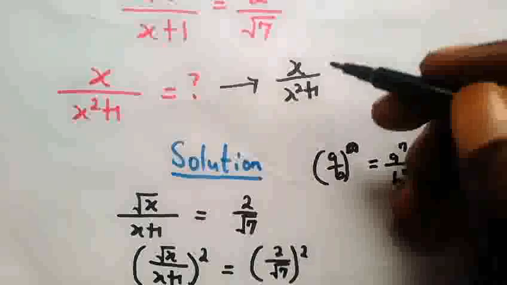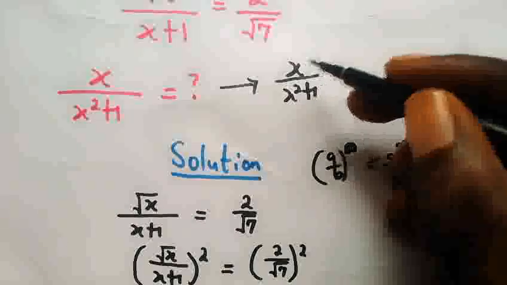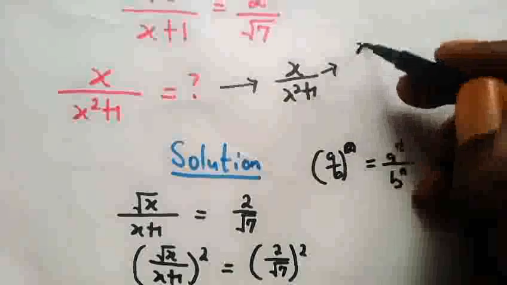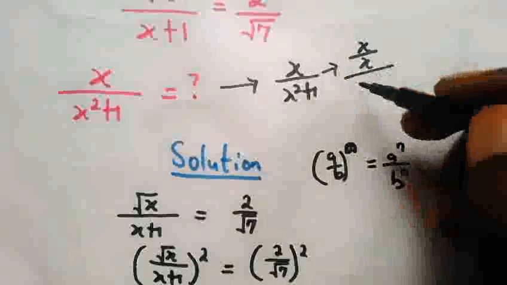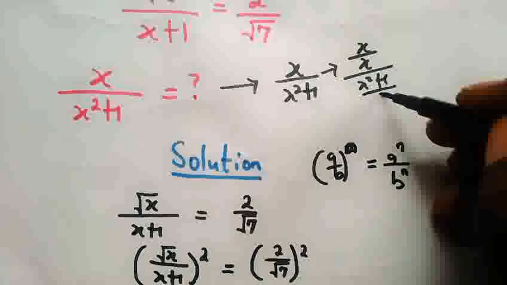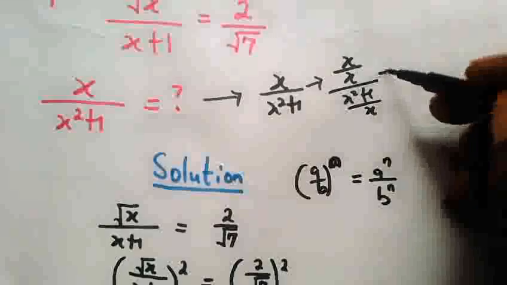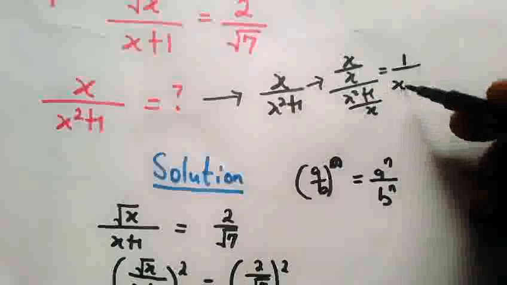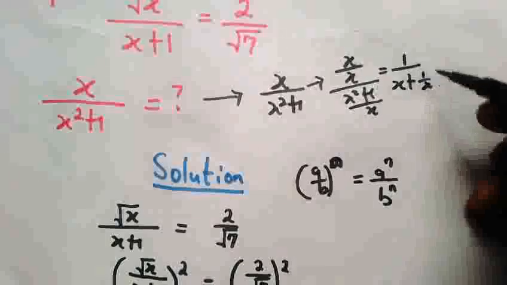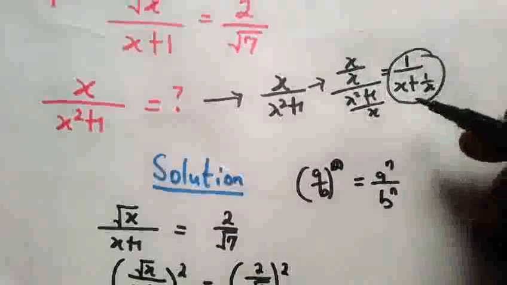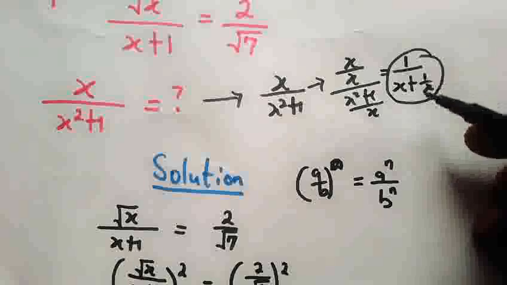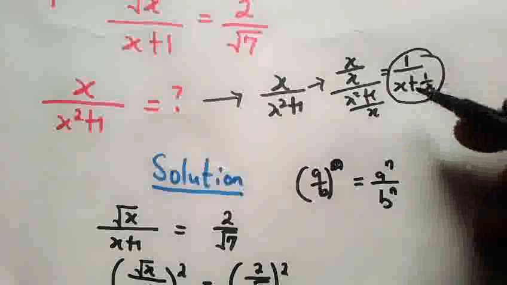If I divide the numerator and the denominator by x throughout, I have x over x all over x squared plus 1 all over x. So I'm going to have 1 all over x plus 1 all over x. So we need to get an expression that looks like x plus 1 all over x.